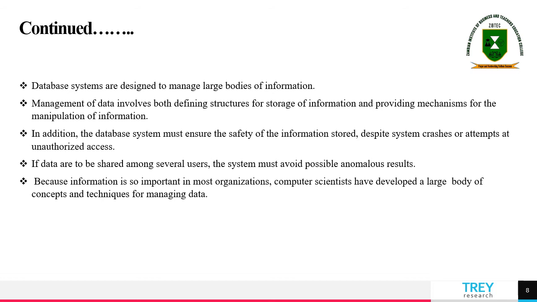You can even give examples of organizations that value data a lot. For example, in the army, I'm sure they value the data. They don't just give data to anyone. The information that they have is so important.